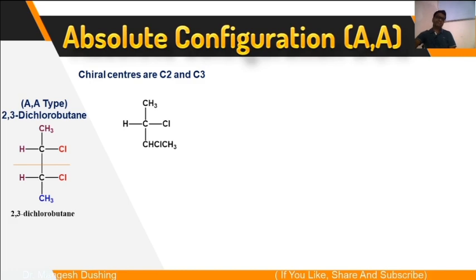Now try to give priority to these atoms or groups of atoms. See carefully, this carbon is directly attached to a carbon, this to hydrogen, this to chlorine, and this to a carbon. So whose atomic number is highest? Chlorine. Chlorine is 17, hydrogen 1, carbon 6. So chlorine will get the first priority.